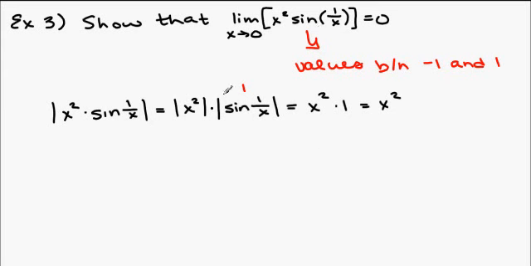The lower bound would be, if you were taking the absolute value of x squared, that could have been a negative x squared. So a negative x squared times 1 would be a negative x squared. So the smallest that would ever be is a negative x squared. This is less than or equal to our x squared times sine 1 over x, and that is less than or equal to positive x squared.